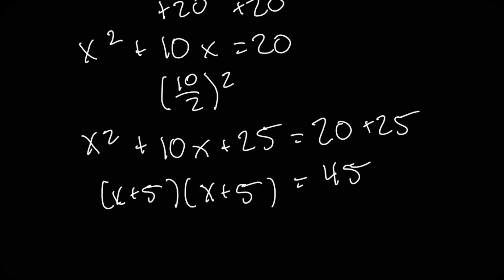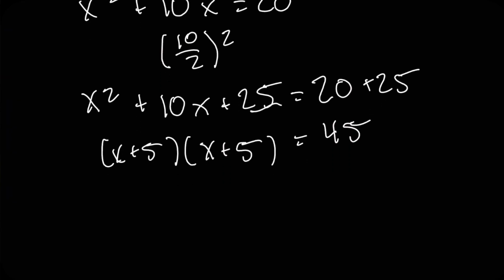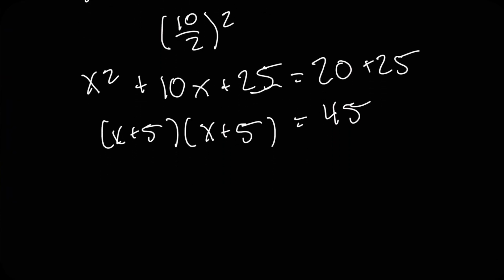Essentially this is just factoring x squared plus 10x plus 25. You want two numbers that multiply to 25, and then when added together will give us the 10. So now we can go ahead and further reduce this. x plus 5 times x plus 5, that's really just x plus 5 squared equal to 45.